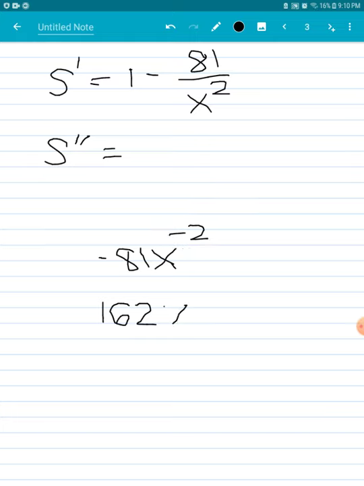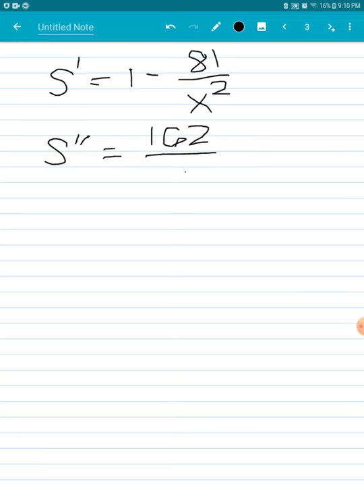So we have 162x to the negative 3 as the derivative, which we will write as 162 over x cubed.